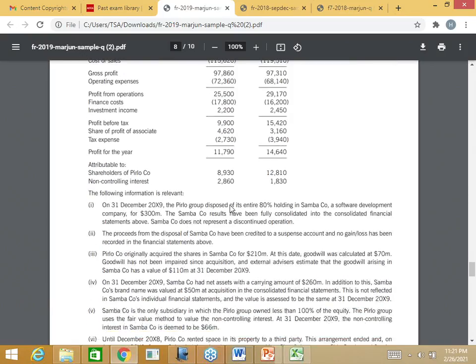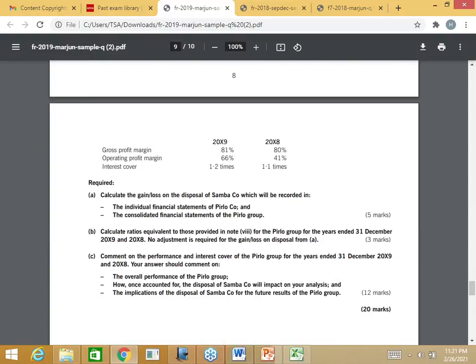Now you can see a similar type of question, that is for the March-June attempt. Calculate the gain or loss on disposal of Samba, which will be recorded in the individual financial statements of Pill Lookup and the consolidated financial statements.